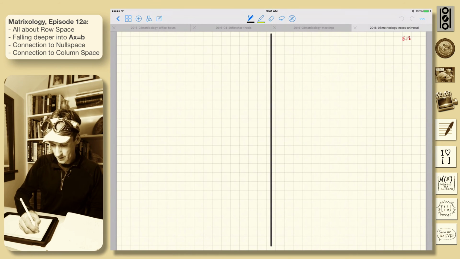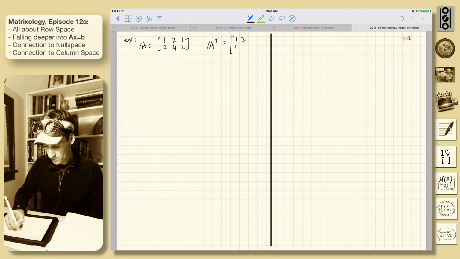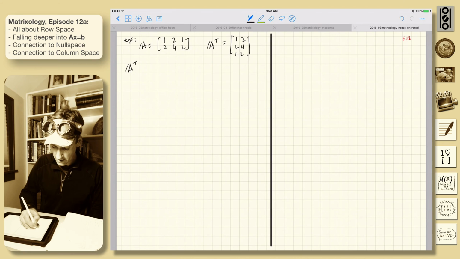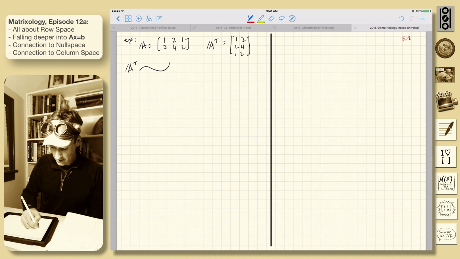Examples: A equals 1, 2, 2, 4, 1, 2. Take the transpose, which is 1, 2, 2, 4, 1, 2, and do reduced row echelon form on this, A transpose. I'll just do it simply for this one. You should be able to see how to do it.